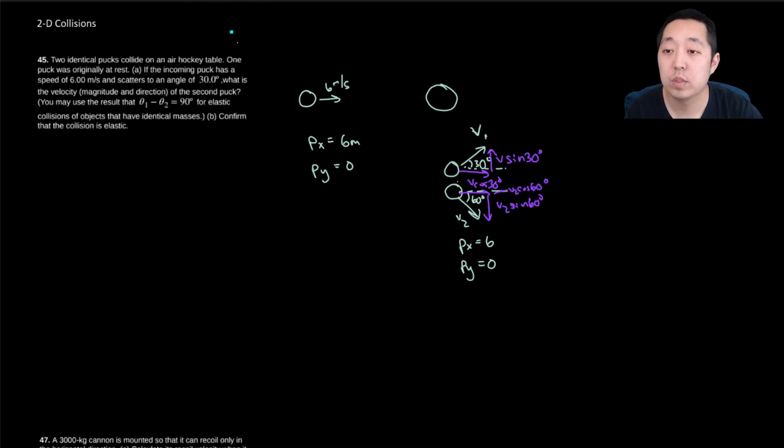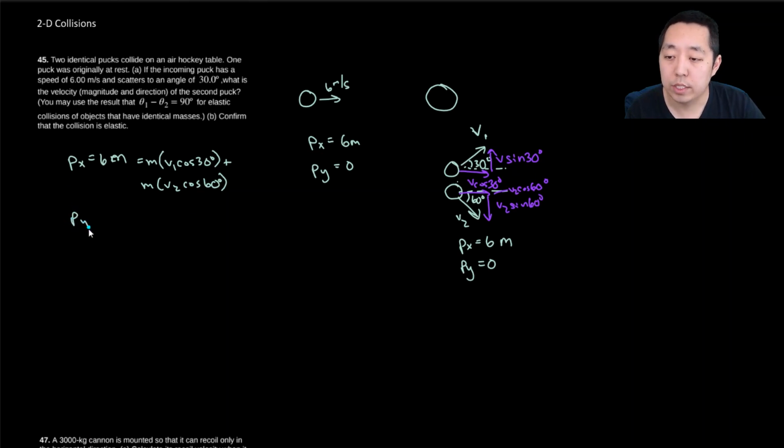And so the total momentum in the x direction has to equal 6m. That has to equal m times V1 cosine 30 degrees, plus m times V2 cosine 60 degrees.